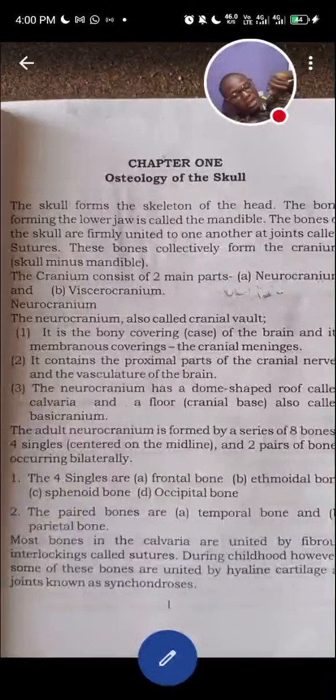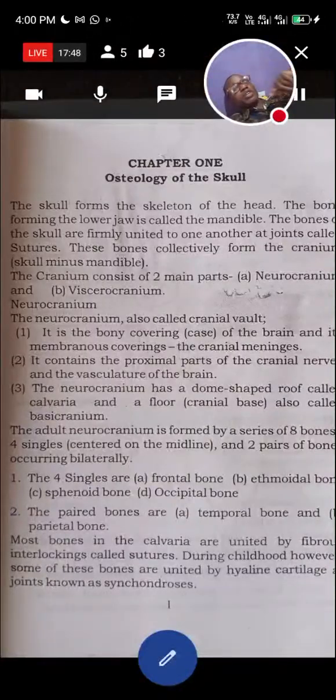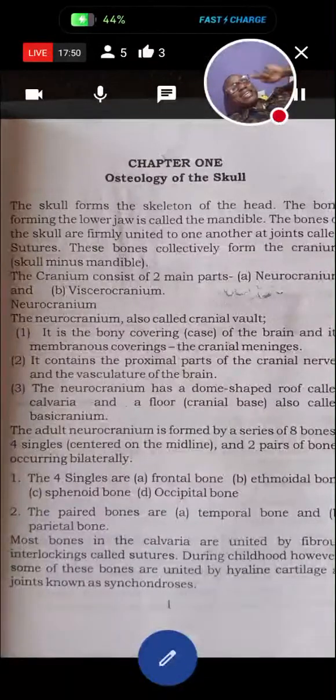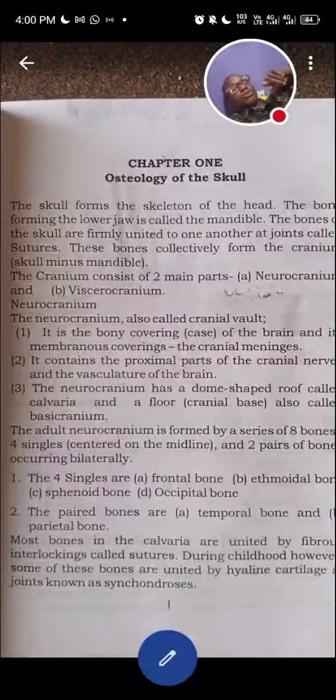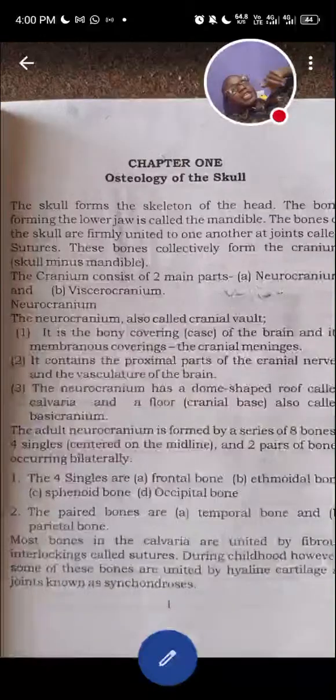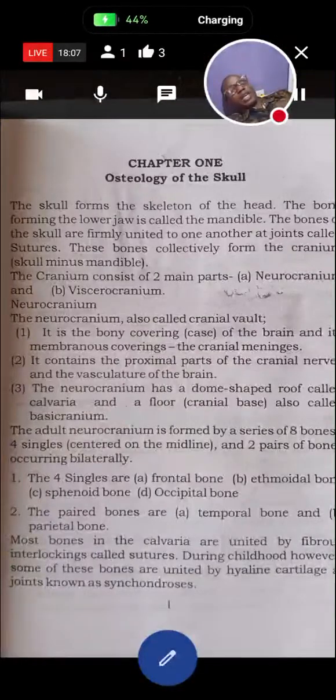Now the membrane covering is also called what? Cranial meninges. Don't forget another name for the neurocranium is what? Cranial vault, where things are vaulted. So we're making serious progress. Please pay attention.